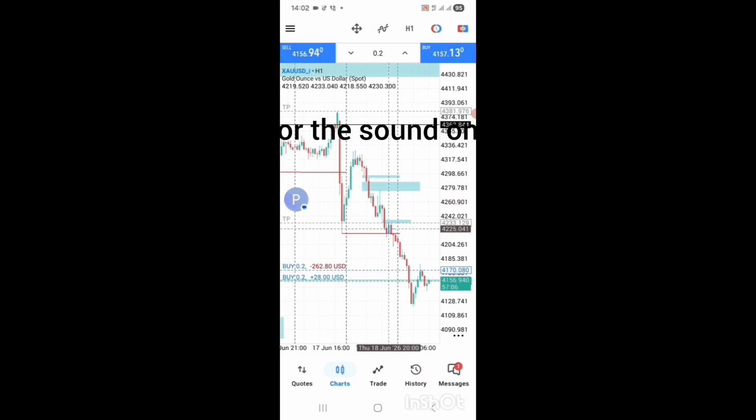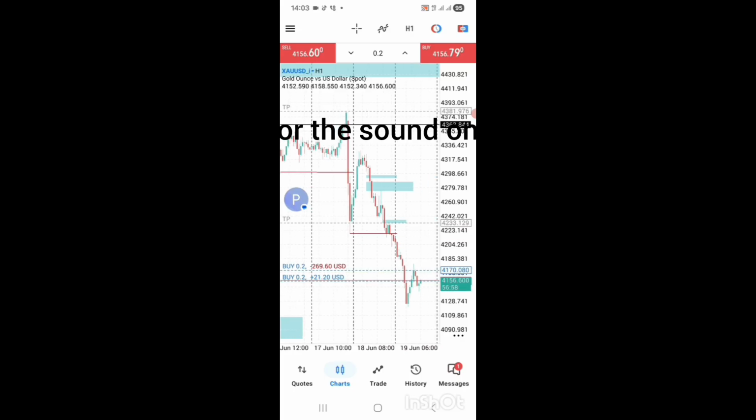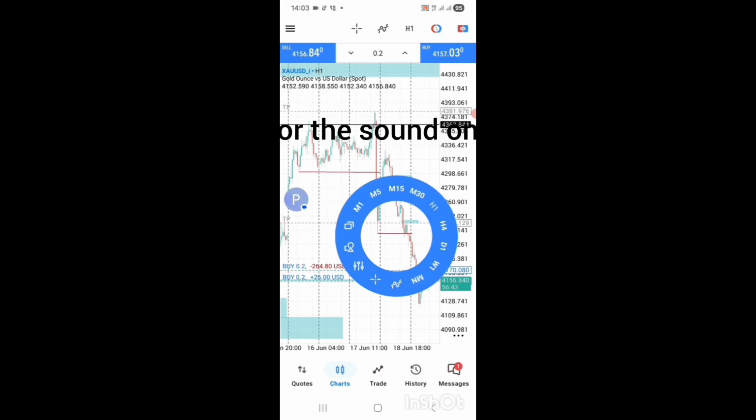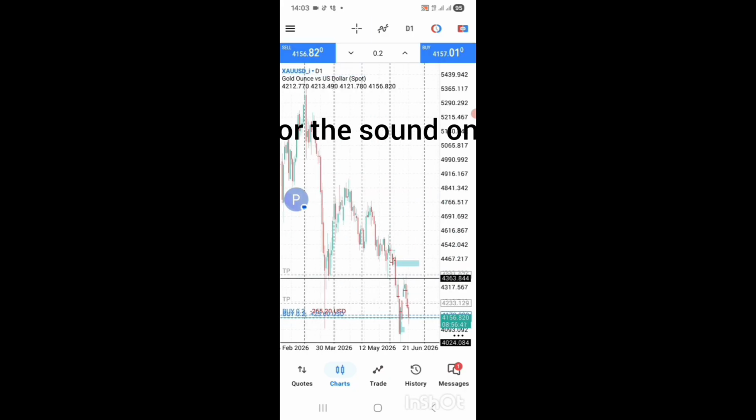Rather, we'll just go up tomorrow maybe, or today, just to respect once more a break of structure, a fair value gap or order block after the break of structure. But that is not the point. The point is that we are waiting for price to go all the way up.